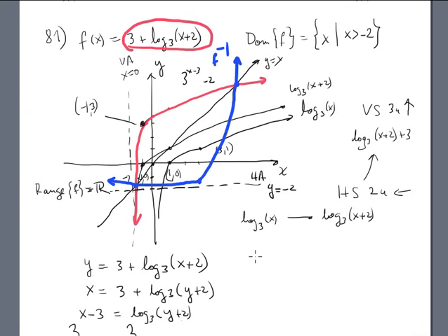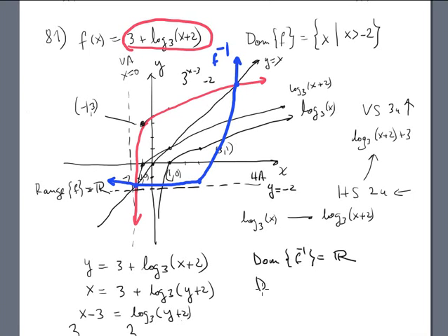Now the conclusion: the domain of the inverse function is all real numbers. Again, it's exponential, and you see here it equals the range of the original.